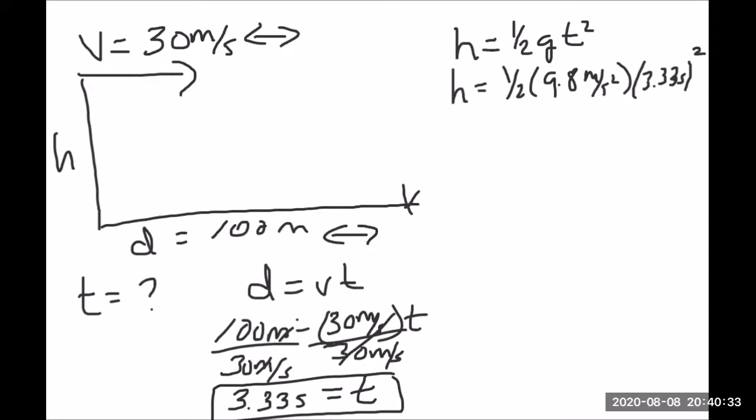So I'm just going to multiply straight through: 1/2 times 9.8 times 3.33 squared, and that gives me 54.33 meters. That is a heck of a cliff.